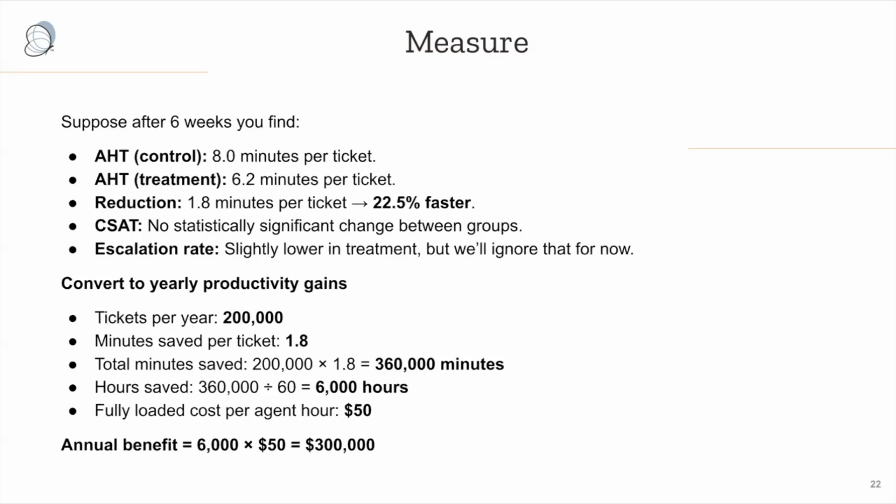Maybe the control group spent 8 minutes per ticket. The treatment group spent 6.2 minutes per ticket, 22.5% faster, with no significant change in customer satisfaction. Escalation rate might have been slightly lower, but whatever. Then you can do a computation which says, if you've got this many tickets per year, we save this many minutes. This is how much our agents cost. That looks like an annual savings of about $300,000.